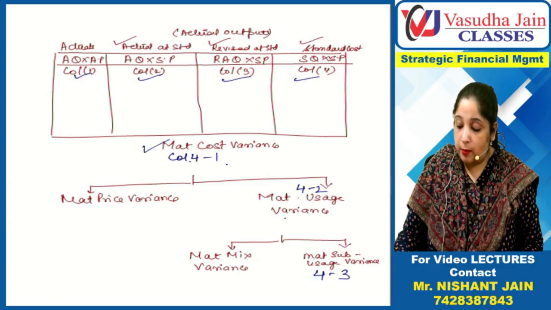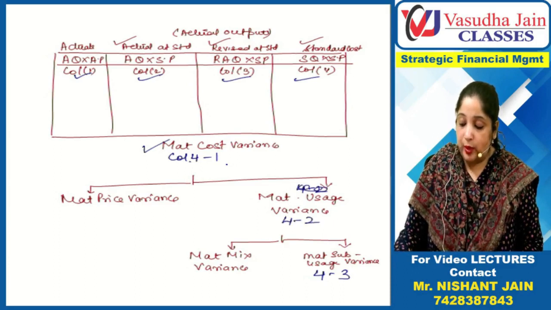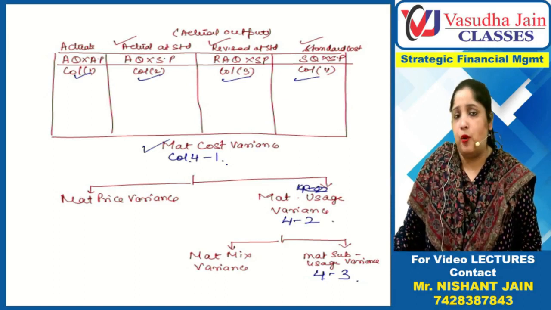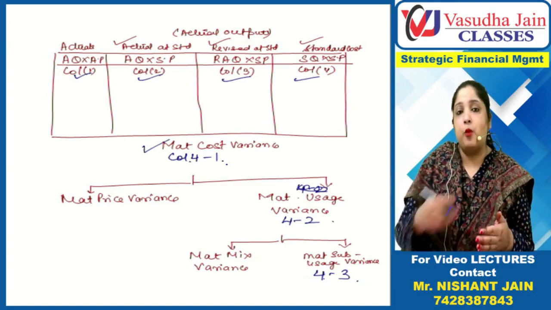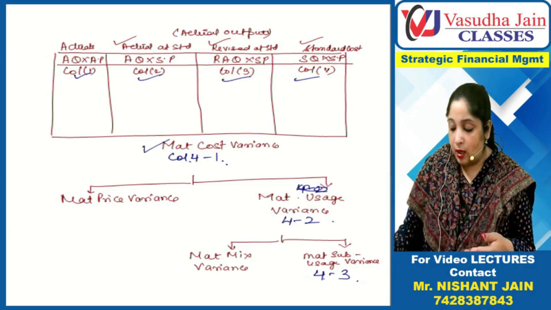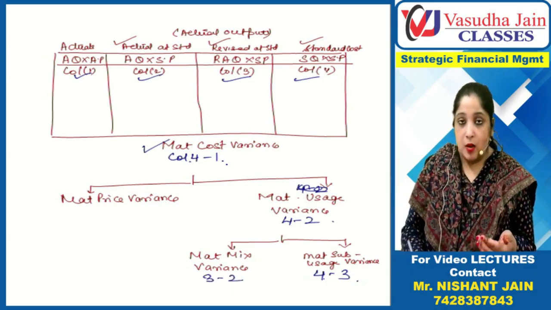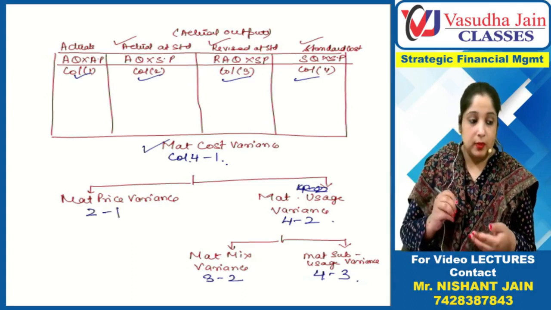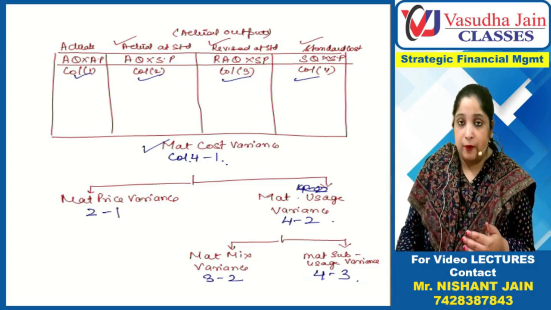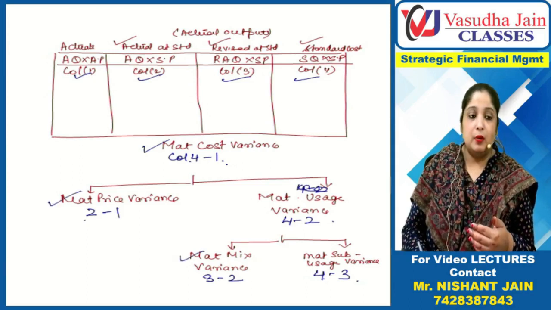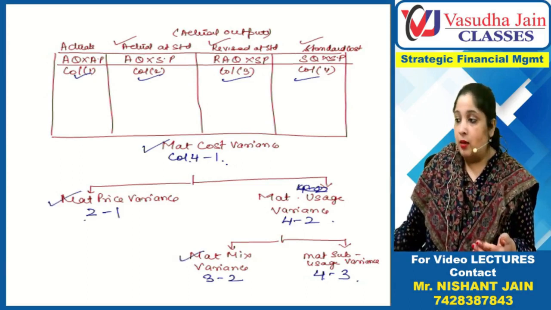If you subtract column number 2 from column number 4, you will get this one. And then 4 minus 3. It's in the flowing form, 4 minus 1, 4 minus 2, 4 minus 3. What comes before 3? 2. What comes before 2? 1. Now if you subtract 2 from 3 and 1 from 2, you will get the answer of these also.